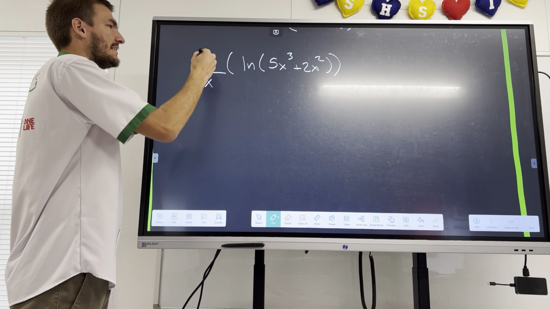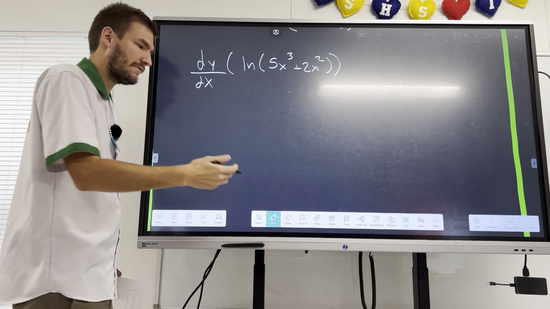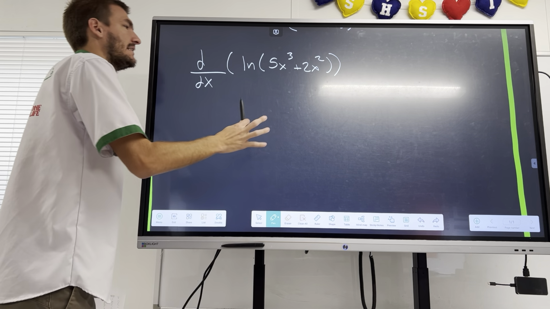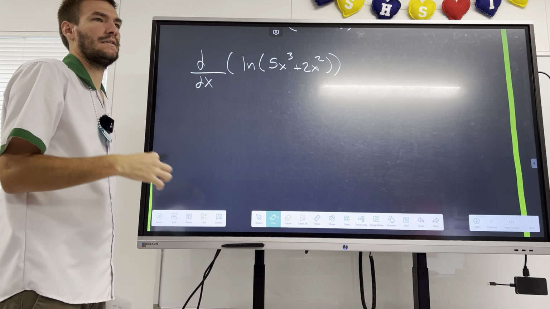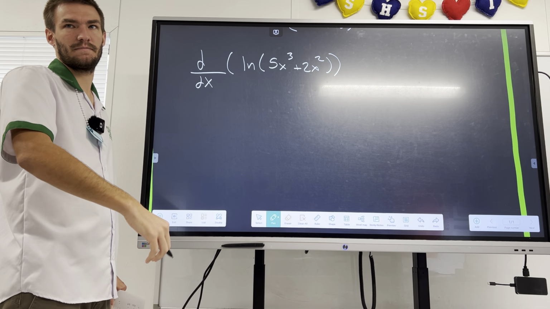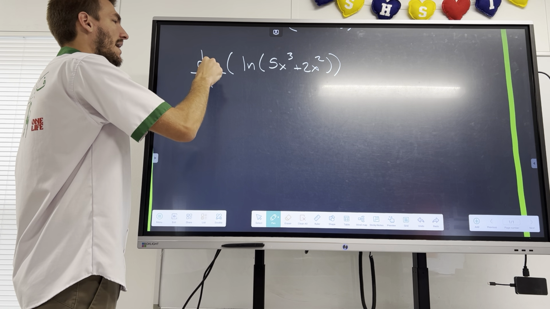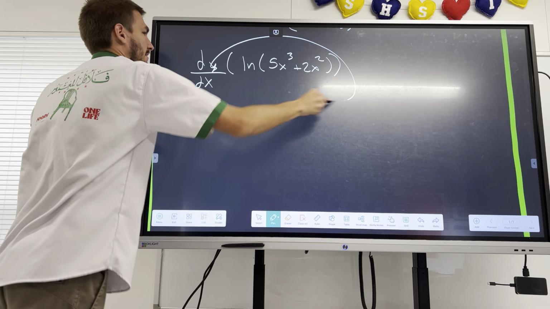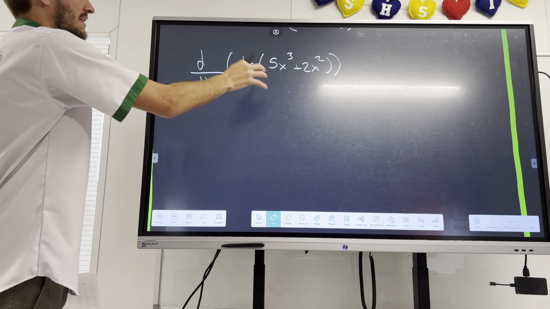Normally we see dy dx, which means this is the derivative. But if we instead see just d dx of the function, that means find the derivative. It's just saying do the derivative, because the y is actually this part. So anyways, this just means find the derivative of that.